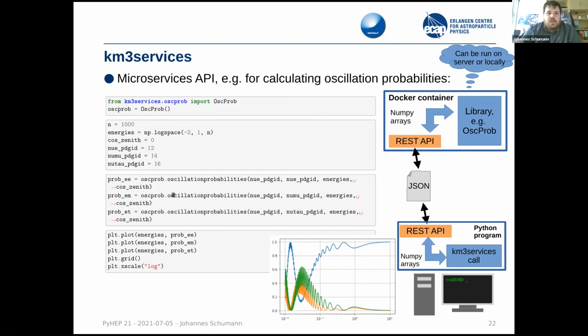And then we just call oscillation probabilities for, in this case, the transition from electron neutrinos to all the other types. And then you see here that this is the expected result for the oscillation probabilities.